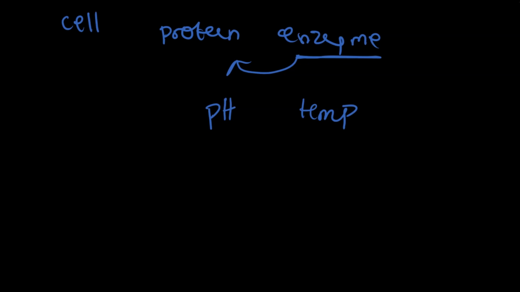They work at specific pH, they work at specific temperature. So it's very important to maintain the pH of the human body, because a change in pH could essentially denature these proteins and these enzymes.